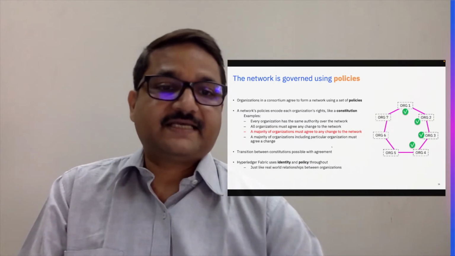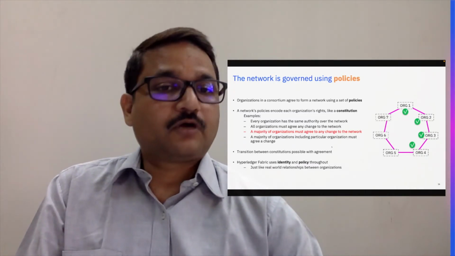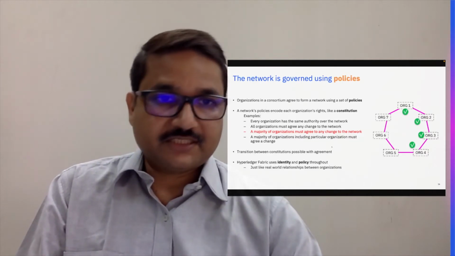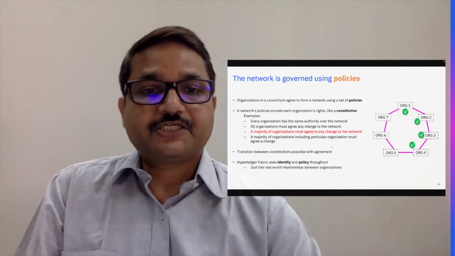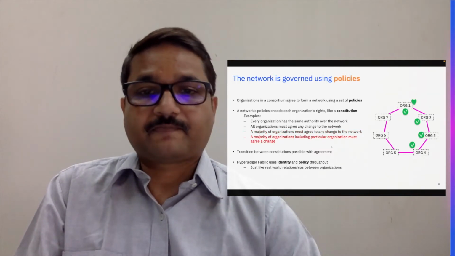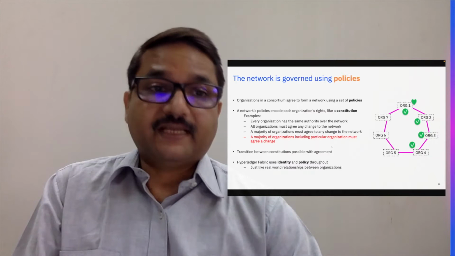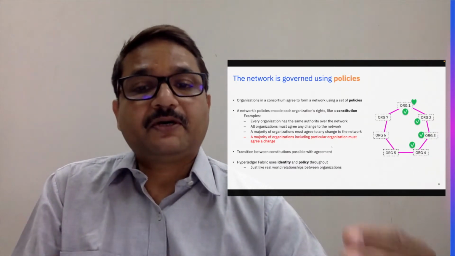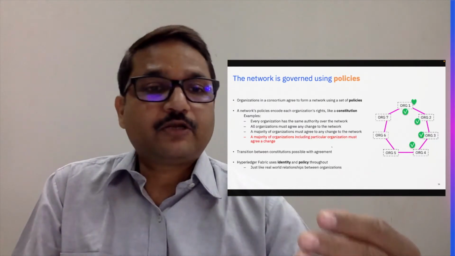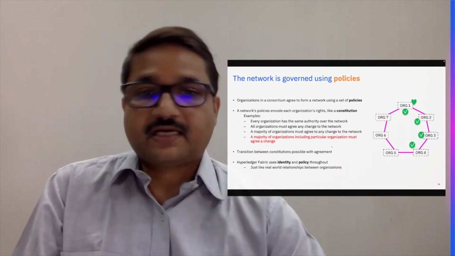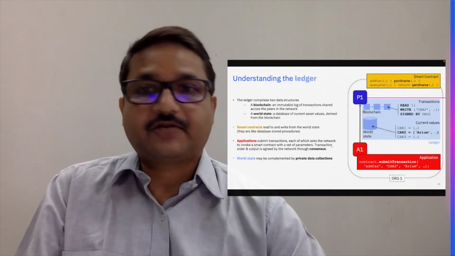So let's say there are 7 organizations overall, then at least 4 organizations must agree to the proposed changes in the system. Another option can be a majority of organizations, including a particular organization, must agree to a change. This particular organization can be one which has the highest stake in this network, something like that.